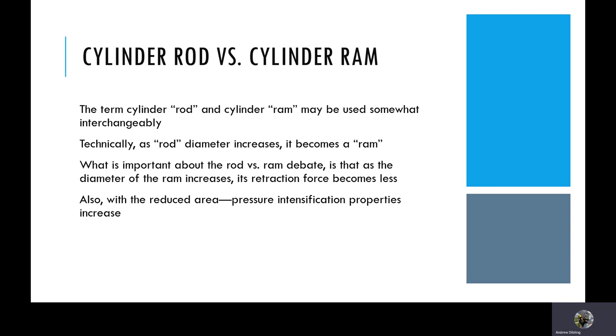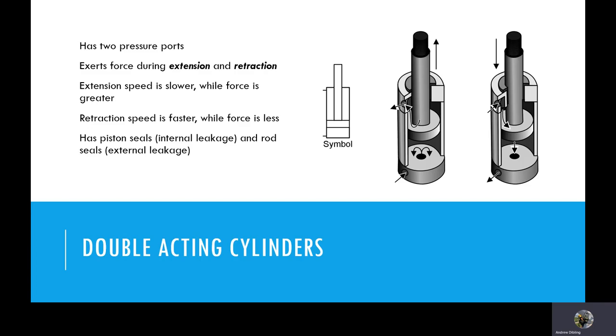A ram is a larger diameter. If the hydraulic cylinder that extends and retracts takes up the area of the cap end, it then becomes more of a ram. Again, it has to do with the amount of area that's under pressure. So rams are generally considered to be a higher force.